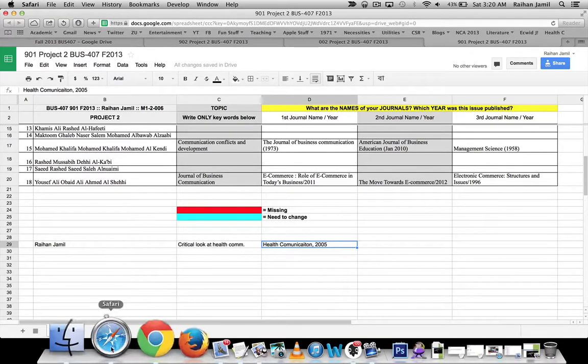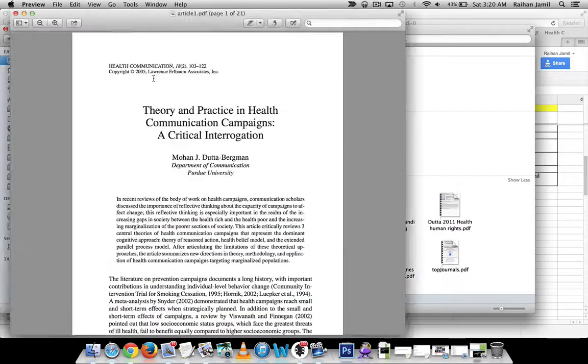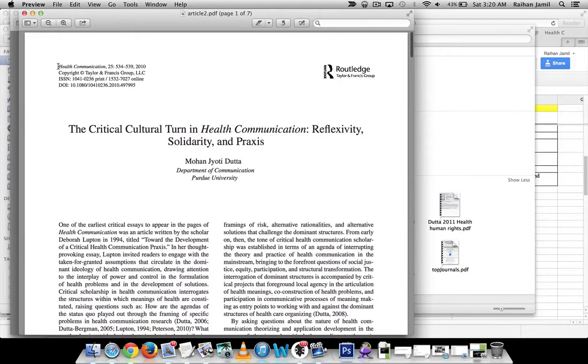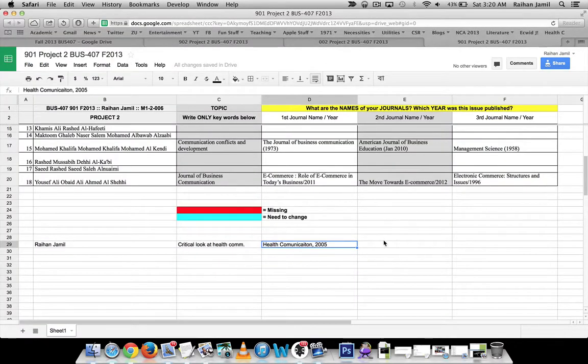Second journal name. So what is the second one? Article 2. This was published also in Health Communication and was published in the year 2010. So here I go and I write Health Communication, year 2010. Done.